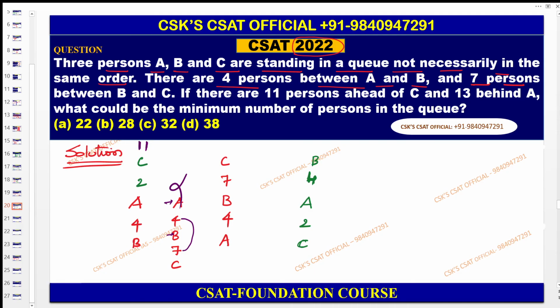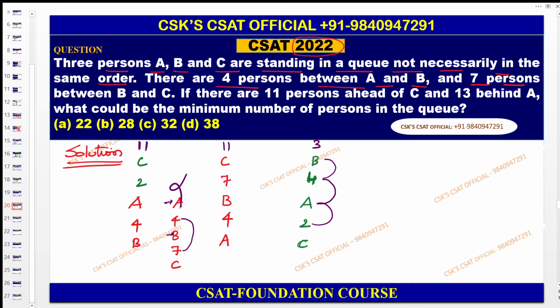So therefore, eliminate this case. Now, is there any possible case here? Yes, this is possible. 11 ahead of C. Let us check here: 3, then 7, then 8, then 3 we have to put.